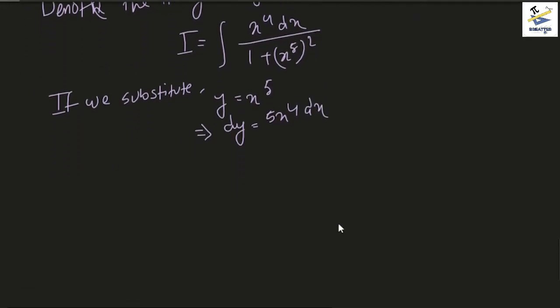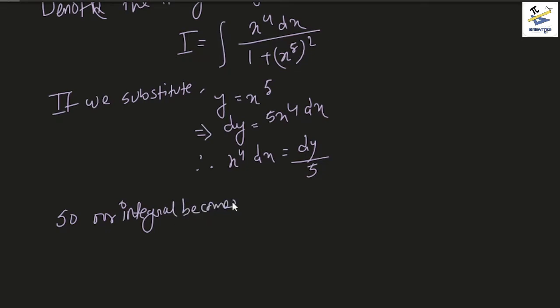What we want is the value of x to the power 4 dx, so x to the power 4 dx should be equal to dy by 5. So our integral becomes I equals the integral of dy by 5, and the denominator just becomes 1 plus y square.